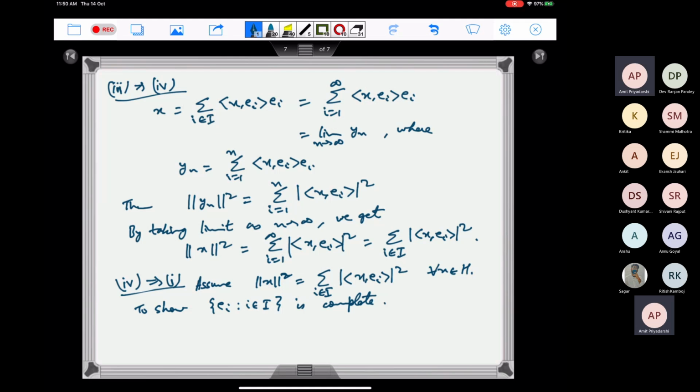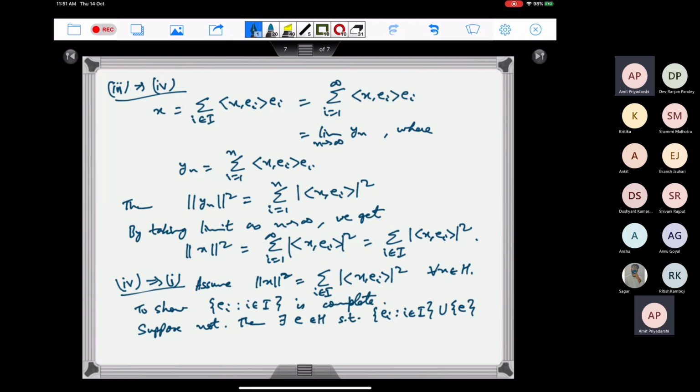Suppose it is not complete, then there exists some vector, there exists some E in H such that this ei, i in I, union E is an orthonormal set, because if it is not complete, then this is not a maximal orthonormal set, so there exists a bigger orthonormal set.